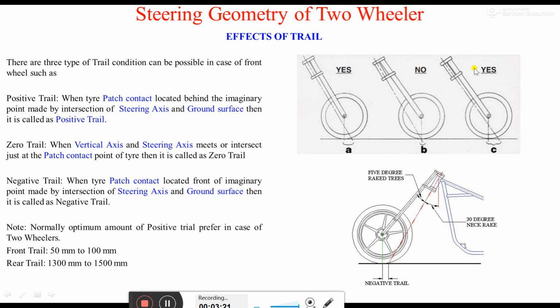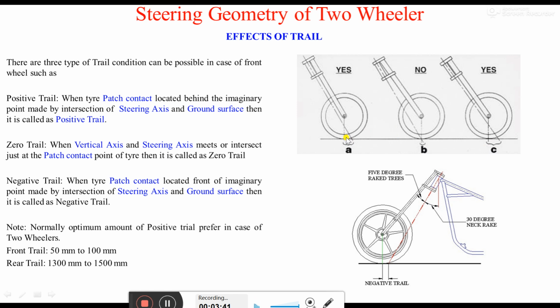This thing and this thing are okay, we can accept. Why? Because here we are getting a positive trail, and here also a positive trail. The only difference is that here the positive trail has a magnitude of 20 mm, here 30 mm, but it is a positive trail. Even if it is 20 mm here, it is still a positive trail.